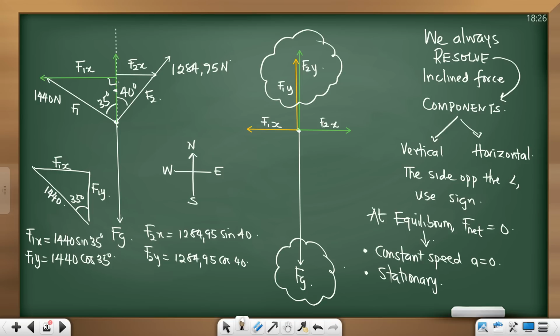Okay. Darling, it will give you the same thing, because sine 40 is the same thing as cos 50, trigonometry, co-functions. Sine 40 and cos 50 would give you the same.